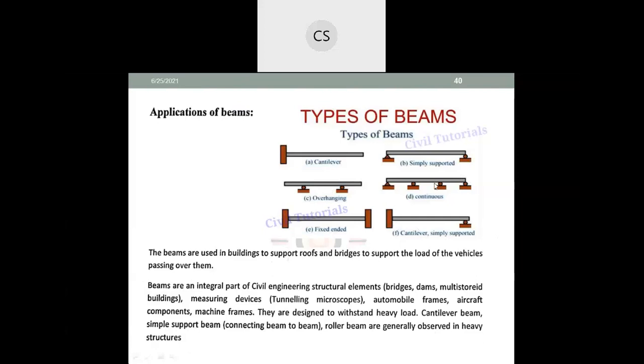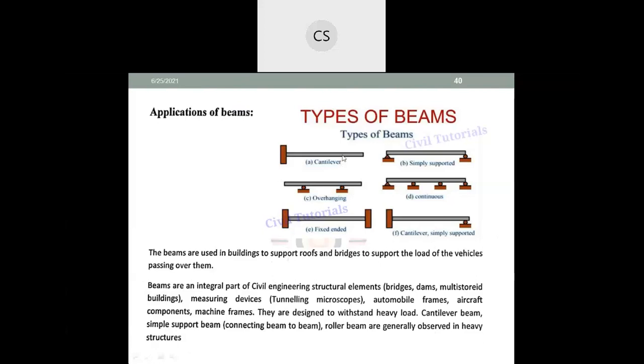Even in the vehicle you can see both overhanging and continuous, where the wheel is the support. This is a multi-axle vehicle. This is two axle. This is again possible in the building as well.